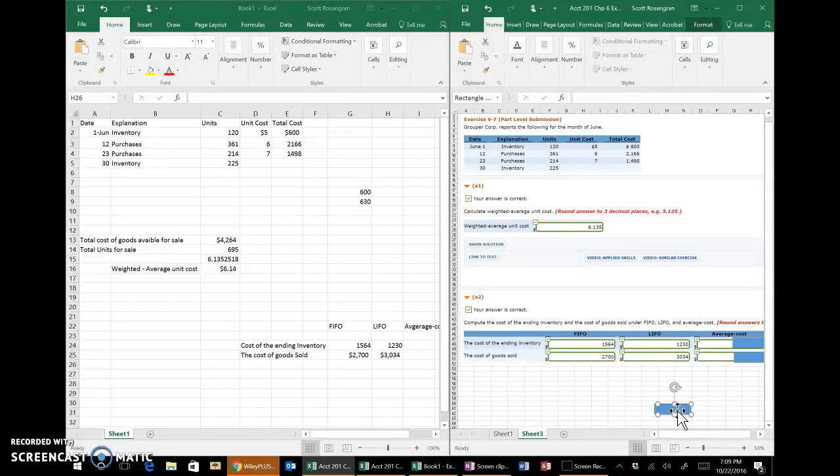Now to find the average cost, it's a little bit different. We're going to take our weighted average unit cost that we found up here.